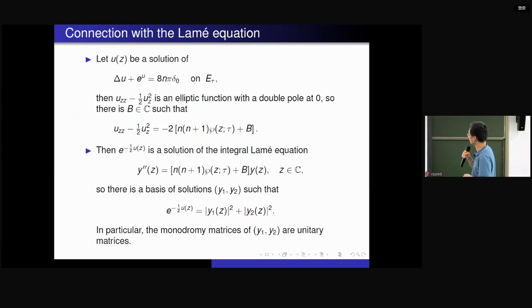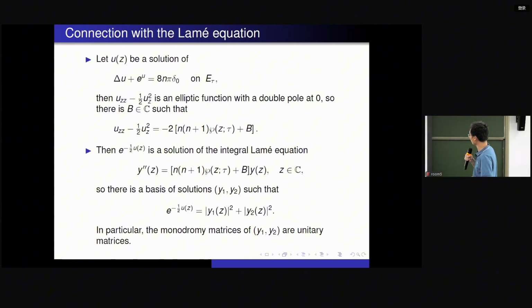But this function is real valued and positive. So you can prove that there exists a basis of solutions y1, y2, such that this function can be expressed in this way, because this function is real valued and positive.